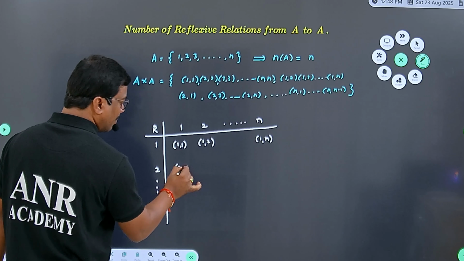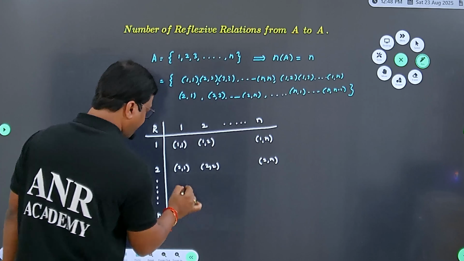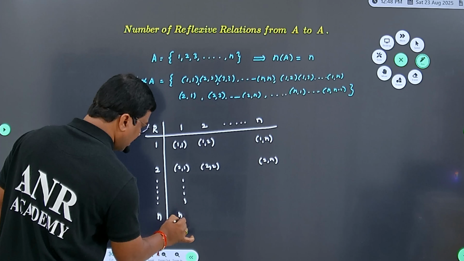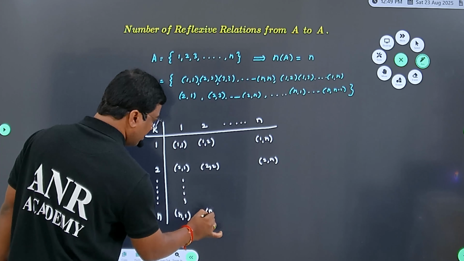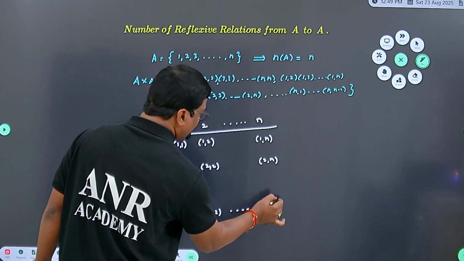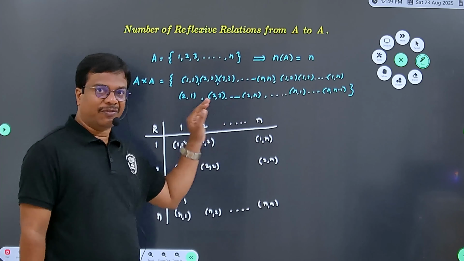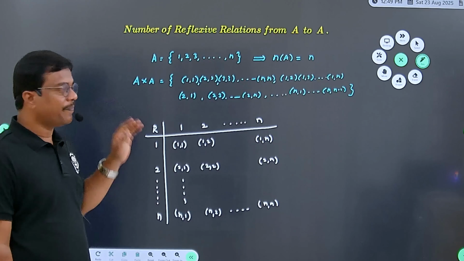Next, here (2,1), (2,2) and so on (2,n). Here (n,1), (n,2) and so on (n,n). These are all the set of ordered pairs in A cross A.